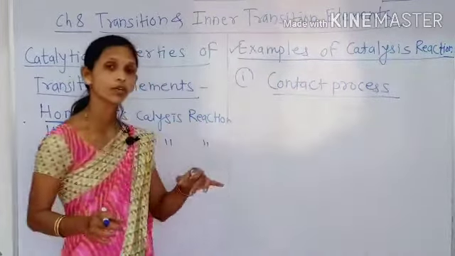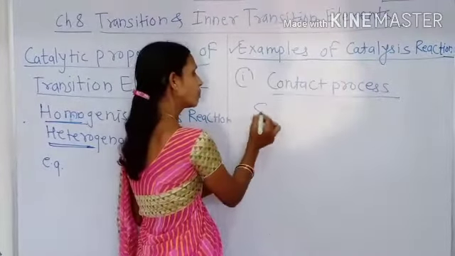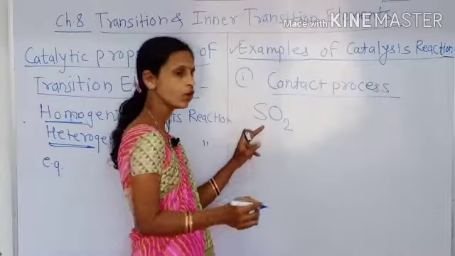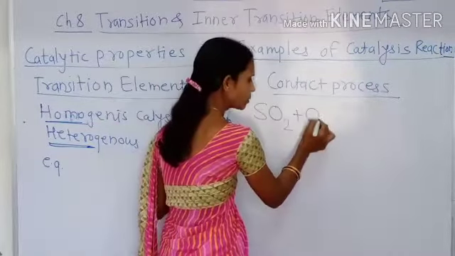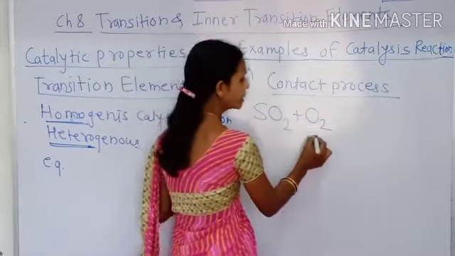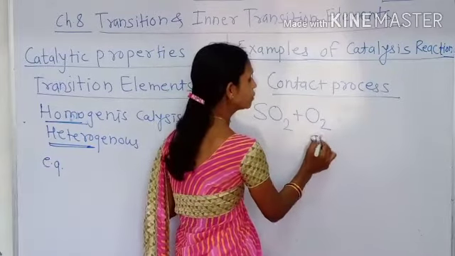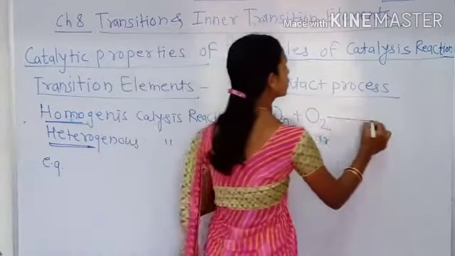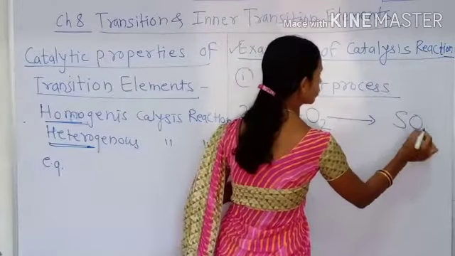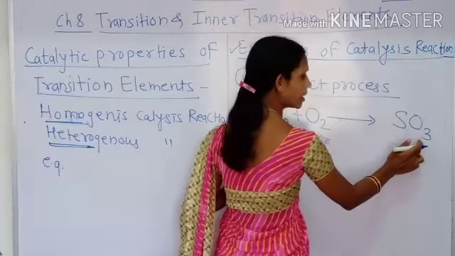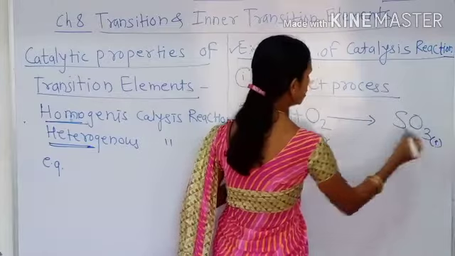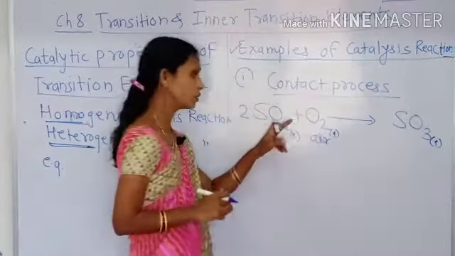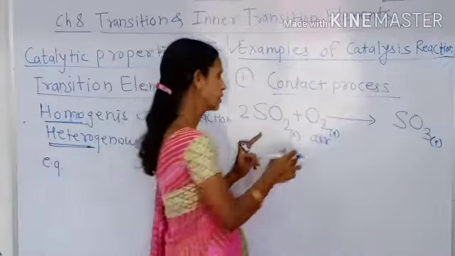During production of sulfuric acid, in the previous stage SO2, that is sulfur dioxide, undergoes oxidation. Oxygen from air reacts with sulfur dioxide and it gets converted into SO3, that is sulfur trioxide, which is also in gaseous state.